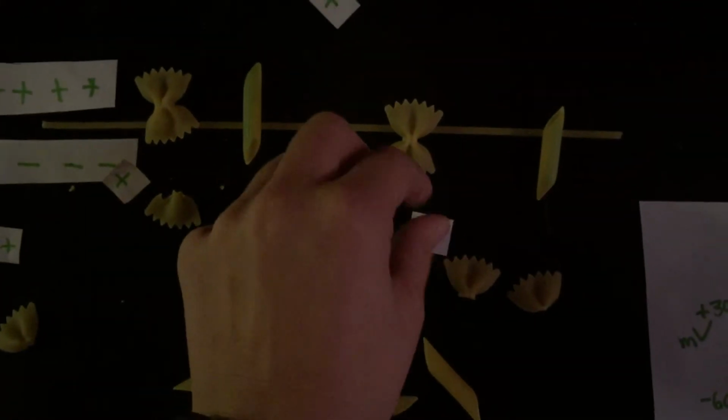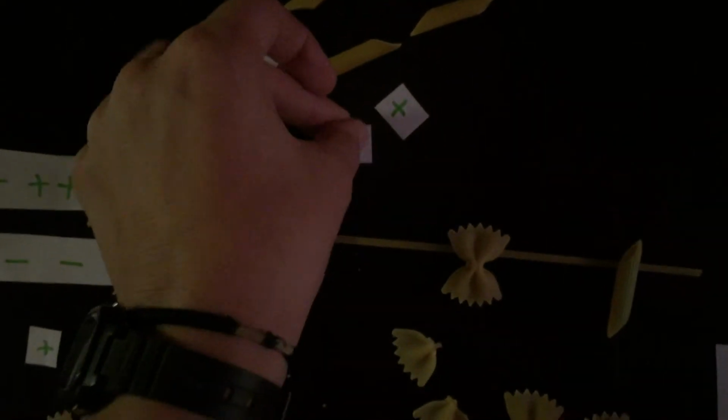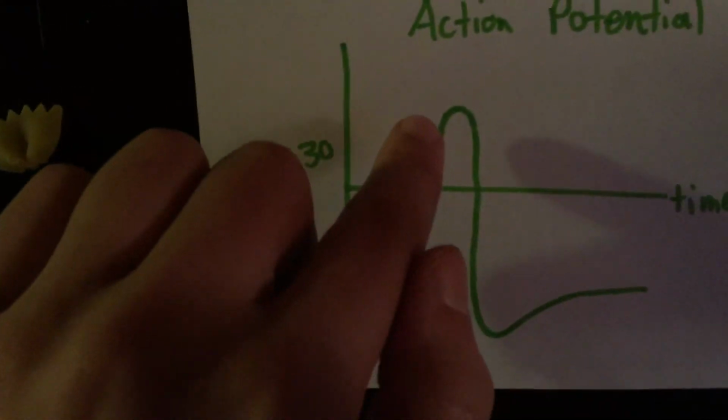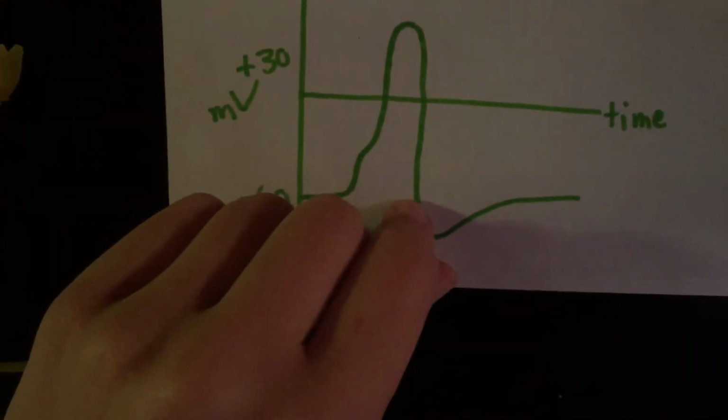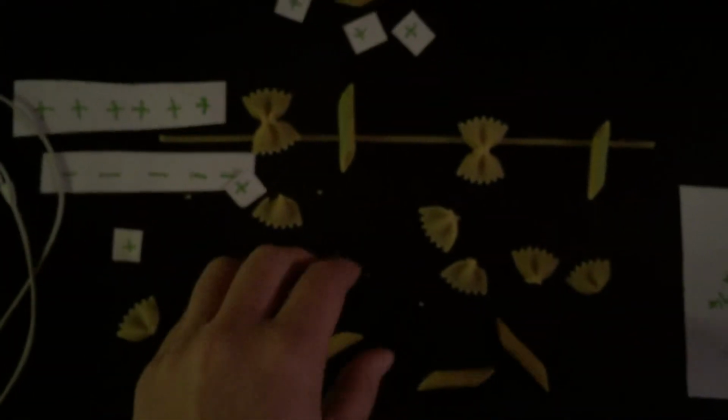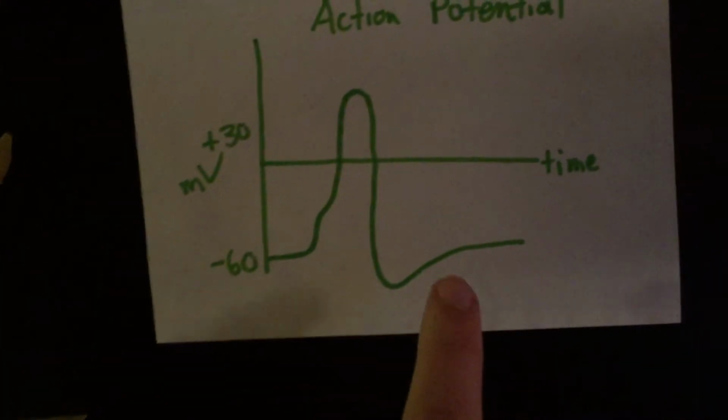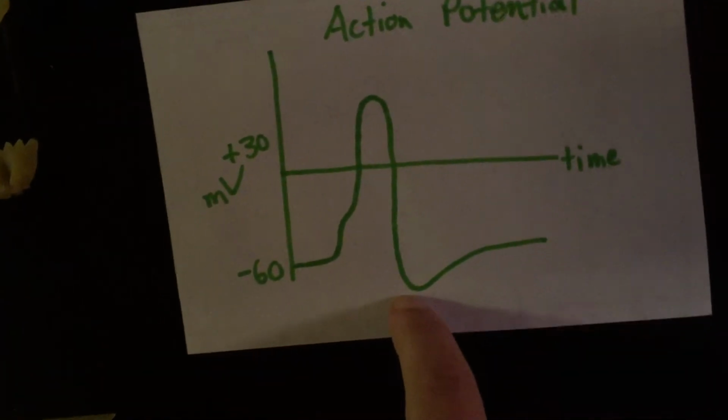What's happening now is the membrane is returning to its negative state. Right now, we peaked about here, and we're falling, and becoming more and more negative as more and more potassium leaves. Now, this does two things. Number one, it returns us to normal.